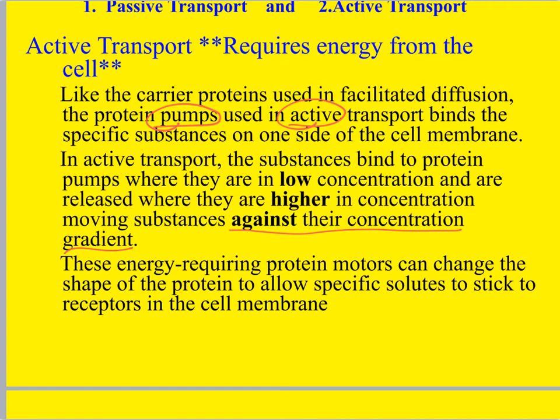So it's going from low to high amount. So anyway, these are energy requiring because it's a lot harder to push them across the cell membrane. And so those pumps can even change the shape of the protein to allow certain things to stick to the receptors in the cell membrane.